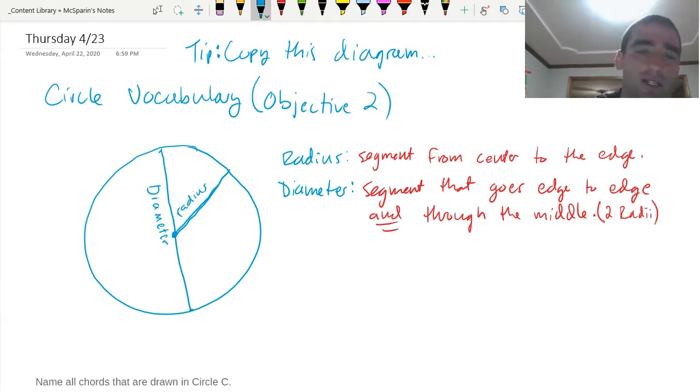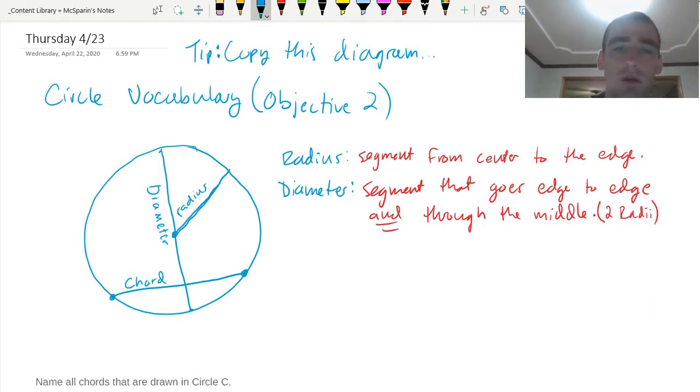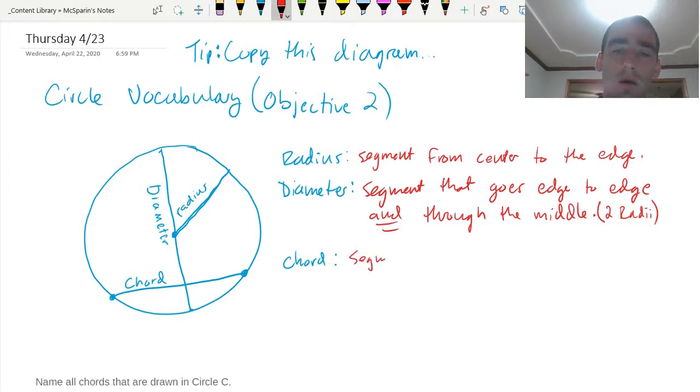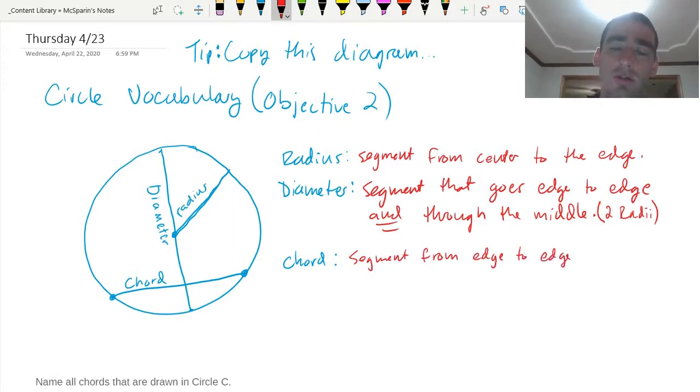Okay, so the next one is this. And this, friends, is called a chord. Yep, spelled like the musical chord. It's any segment from edge to edge.